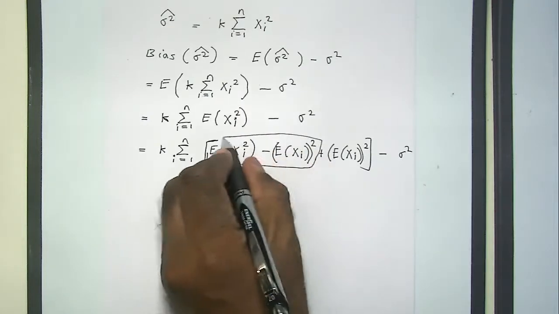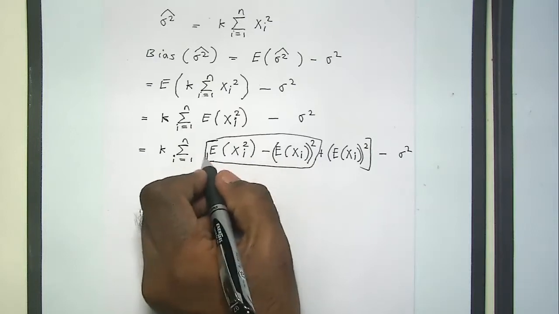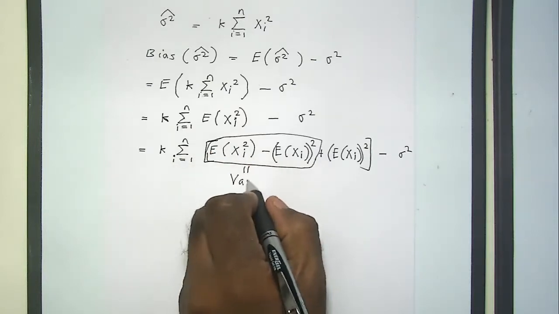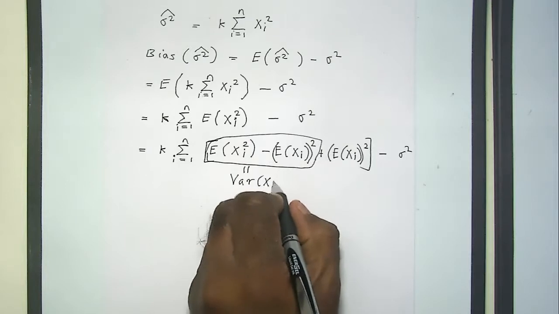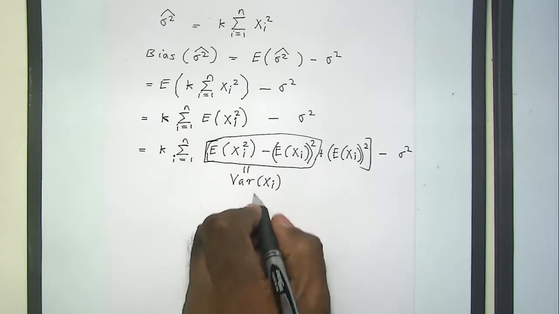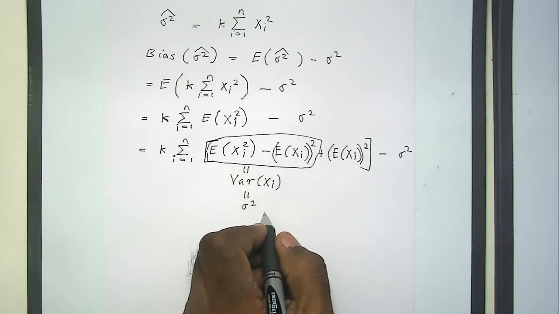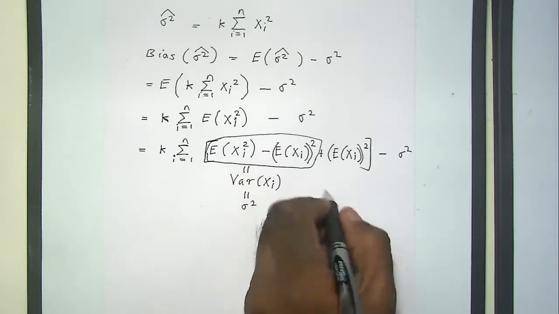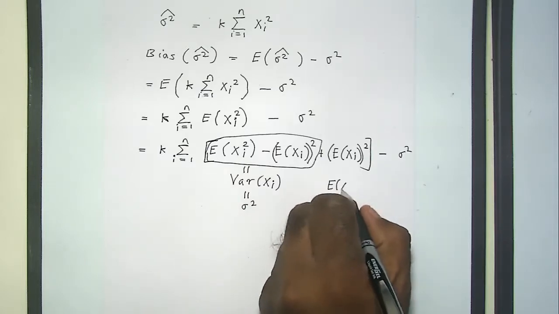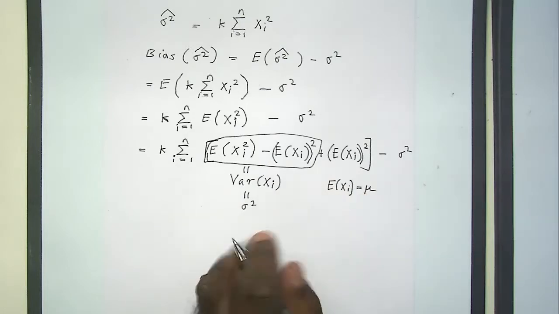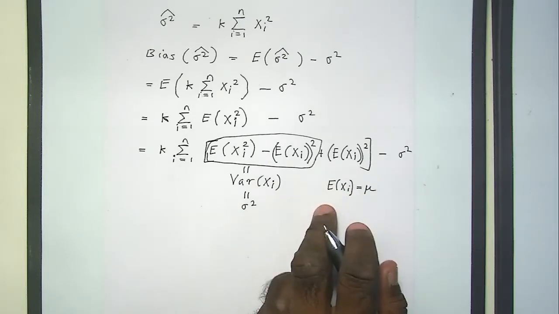Variance. Yeah, exactly. This is the variance of xi. And we are told that the variance of xi is sigma squared. And we are also told that the expectation of xi is mu. Both these are given in the question, right?